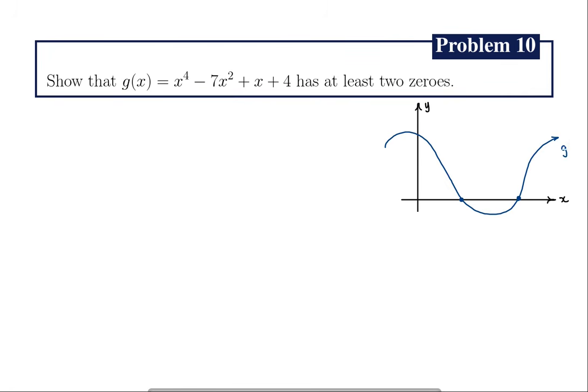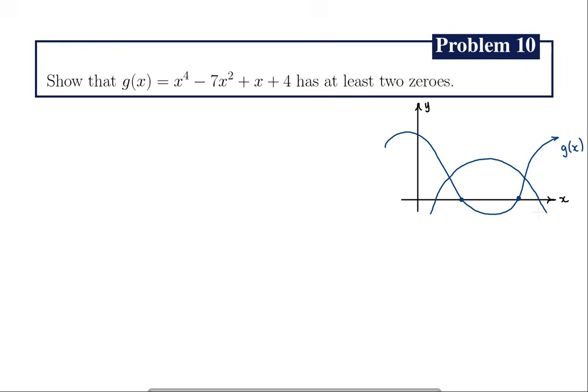Okay? So your g of x can look like this. So from positive, dadaan sa 0, tapos negative, dadaan sa 0, tapos positive. Or it can look something like this. Okay? So from negative, magkakaroon ka ng 0 dito, tapos positive, and then 0 na naman, tapos negative. Okay?